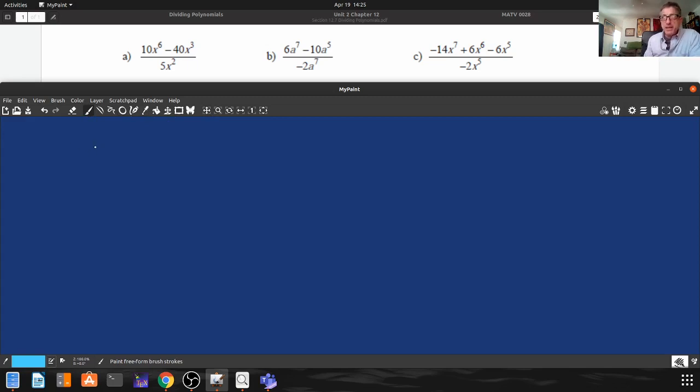What would that be like in regular numbers? Let's do this. 25 divided by 7 is 3 with remainder 4, 3 4/7, which is the same as 3 plus 4/7.